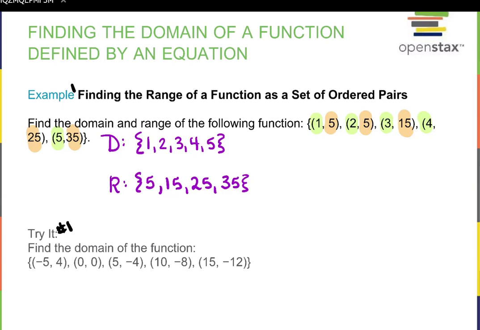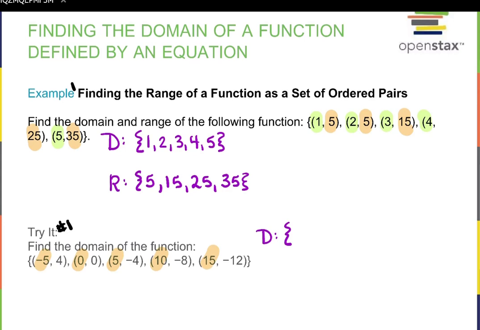Alright, so for the try it, the domain is the list of x's, and the x's are -5, 0, 5, 10, and 15. So we're going to list those. And I usually like to list them in order from smallest to largest.